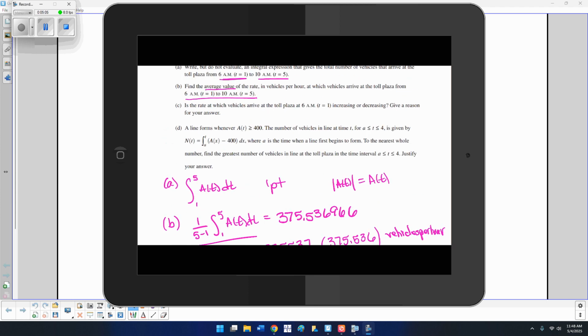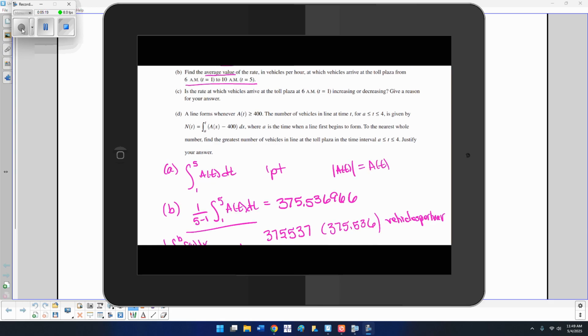All right, C. Is the rate at which vehicles arrive at the toll plaza at 6 a.m., time 1, increasing or decreasing?